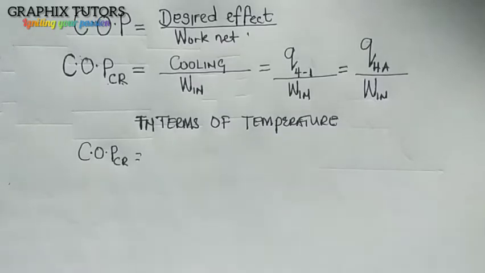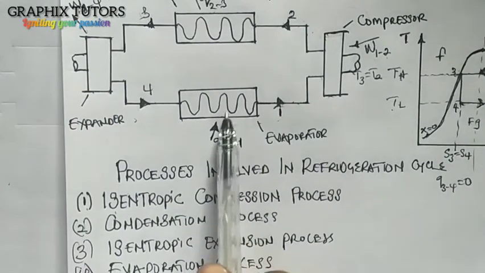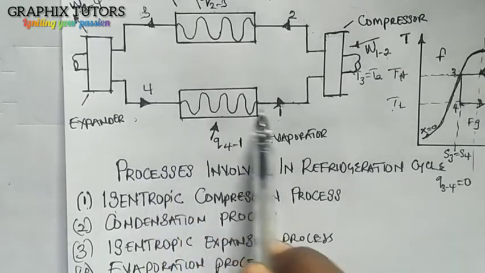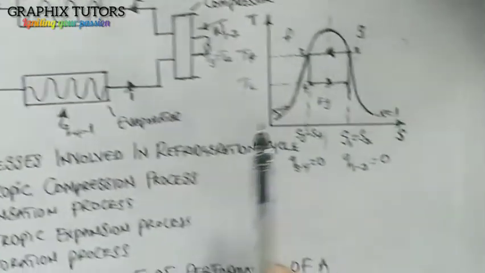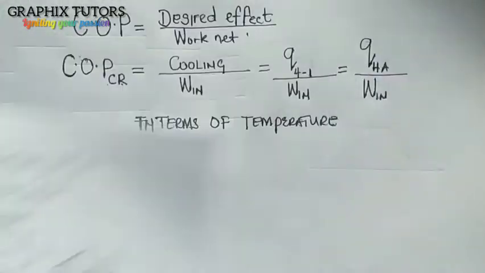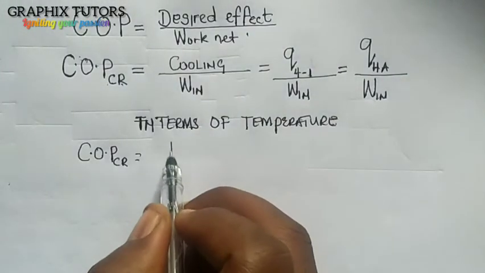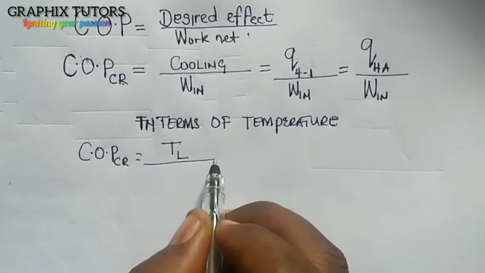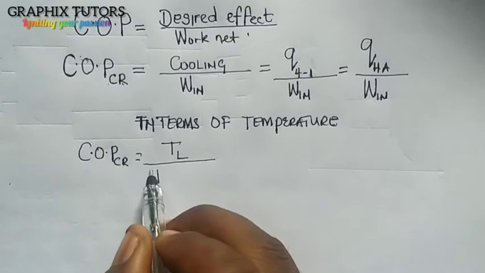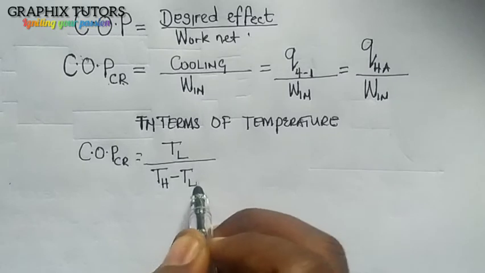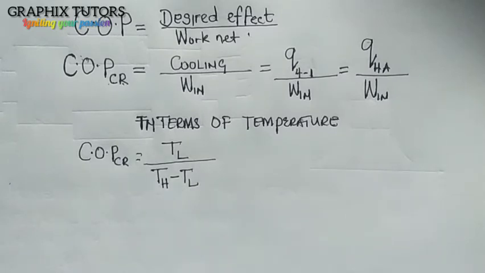I said earlier, this is my evaporator. There's cooling in it. So from 4 to 1, and 4 to 1 is at my low temperature. So it will be the TL. For there to be cooling, temperature has to be very low, all over the work net. So it will be high temperature limit minus low temperature limit. That is TH minus TL. That is for the evaporator.